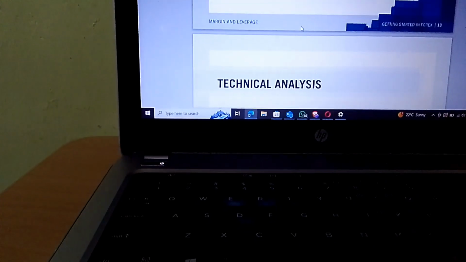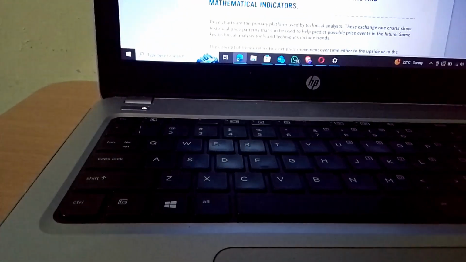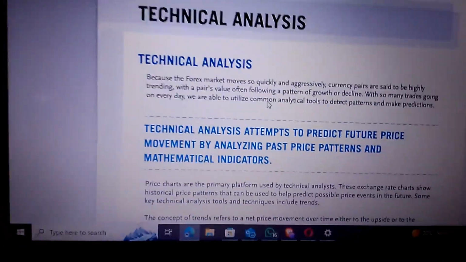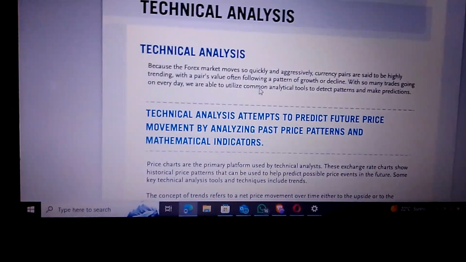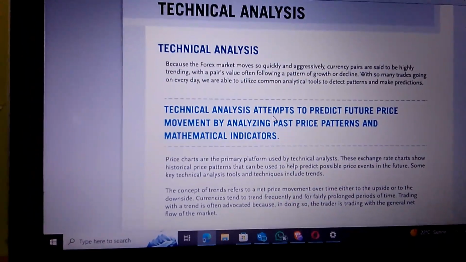So having done that, we now have understood leveraging and margins. So let's move to the technical analysis bit. Because the forex market moves so quickly and aggressively, currency pairs are said to be highly trending, with the pair's value often following a pattern of growth or decline.